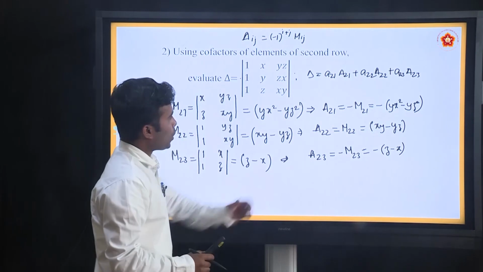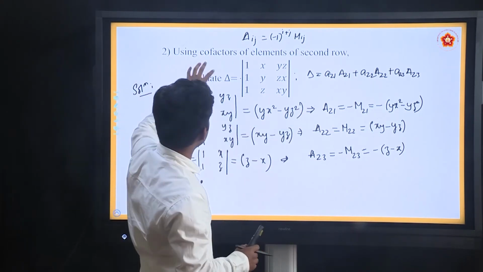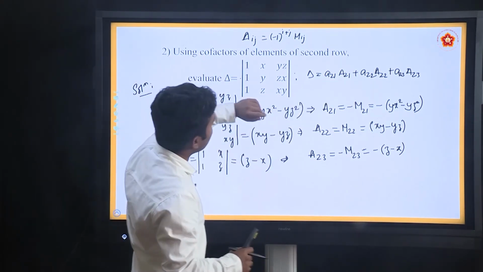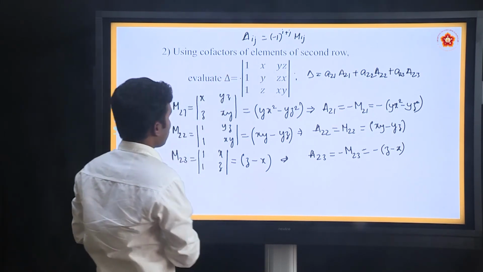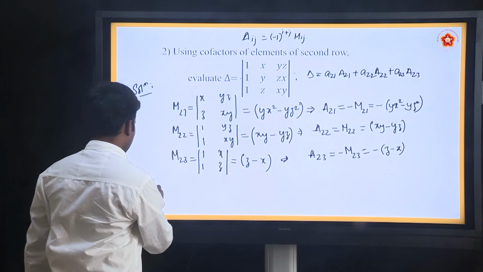These are the cofactors, understand. Now, we can expand the determinant in this way. The elements in row 2 are 1, y, z, x, fine. So, we can make use of that.